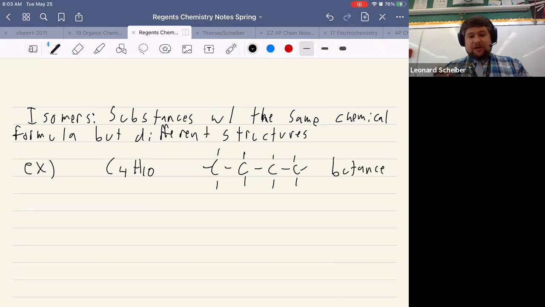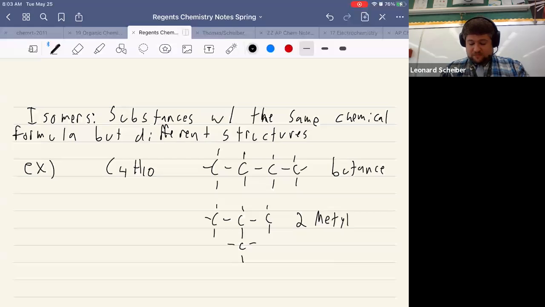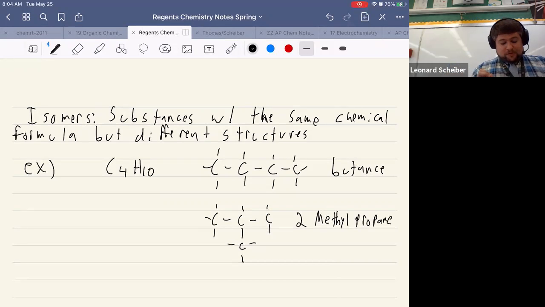But there's another molecule that looks similar to this and has the same chemical formula. This is still C4H10. However, this is not butane. We would call this 2-methylpropane. So these two molecules are two different isomers.